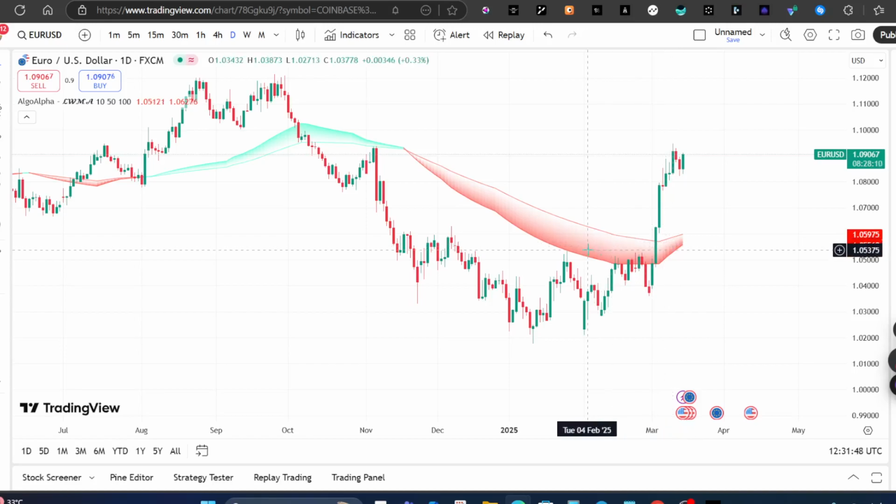When more traders are active in the market, this indicator identifies that by adjusting its calculation based on market liquidity. So this makes the LWMA more sensitive to significant market moves and less influenced by smaller, insignificant price changes.